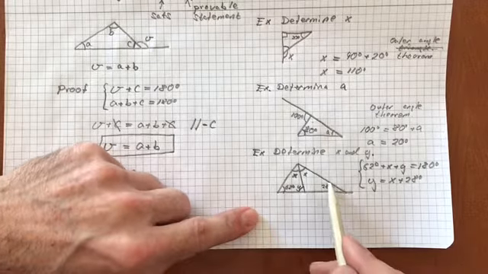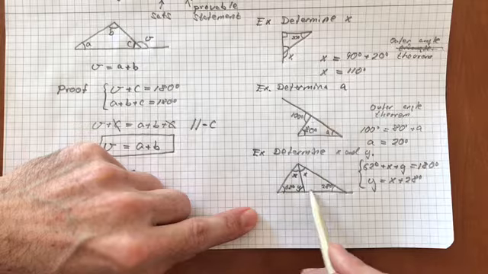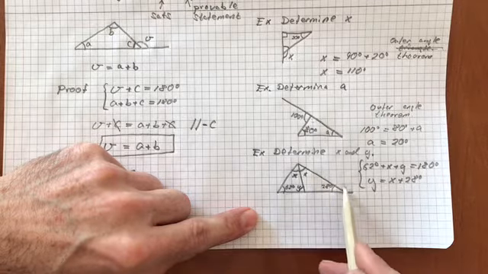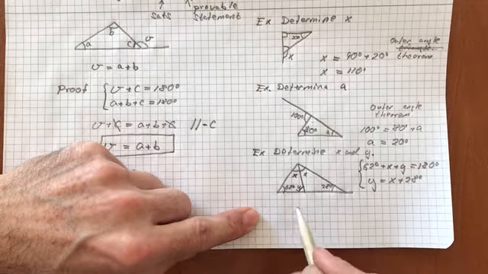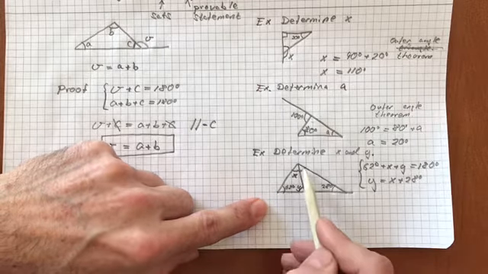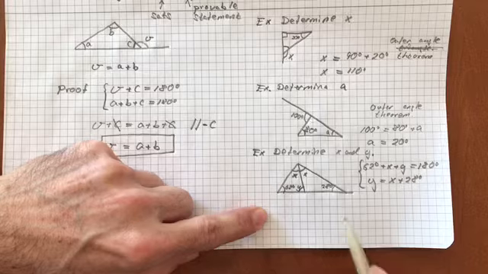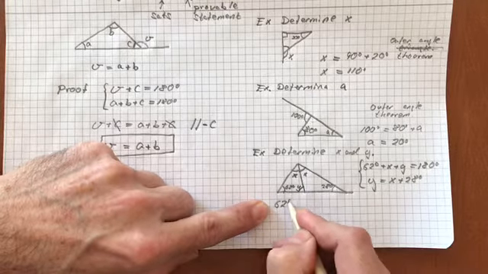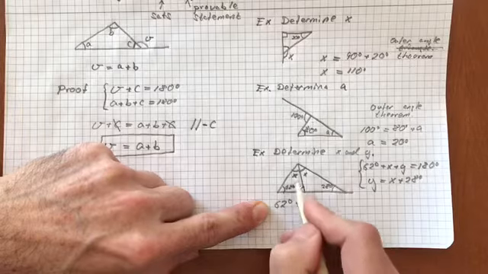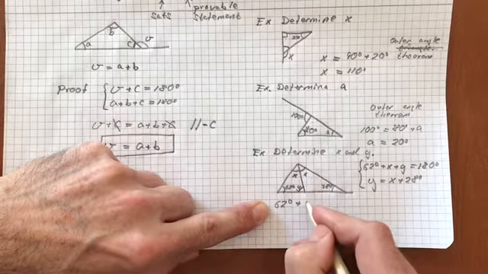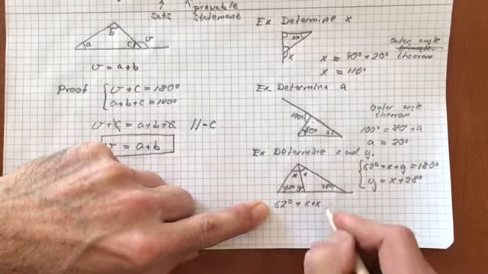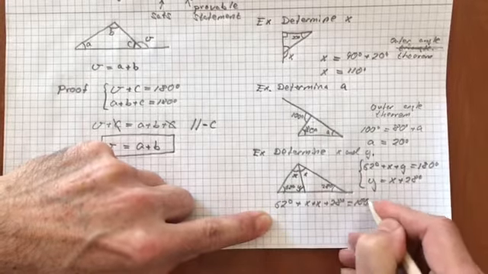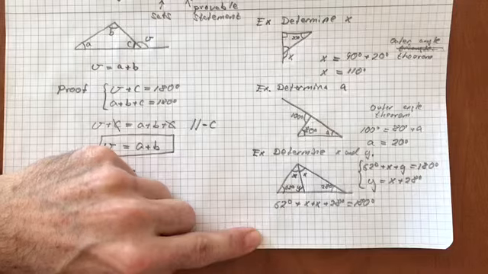Let's look at the big triangle. So we don't care about this line. This, and this. We know that the sum of the angles is 180. Therefore, 62 degrees plus x plus 28 degrees is 180 degrees like this.